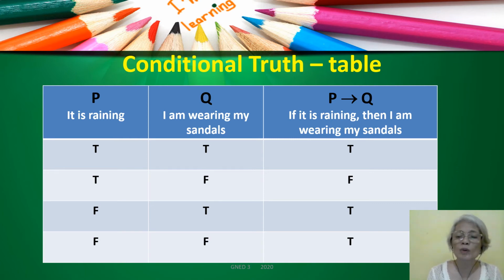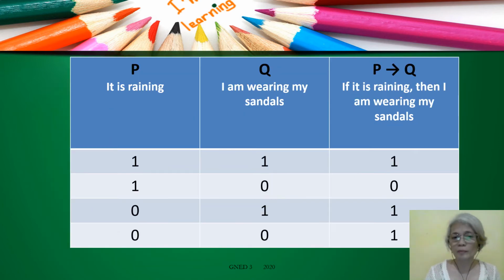Again, false lang ang conditional kung yung antecedent or premise ay true, tapos yung conclusion or consequent ay false. All other combinations will give us a true conditional. If we use a binary representation, 0 lang siya kung true yung P at false yung Q.